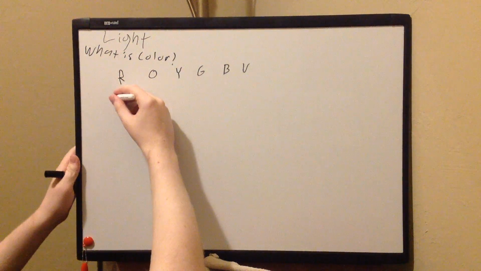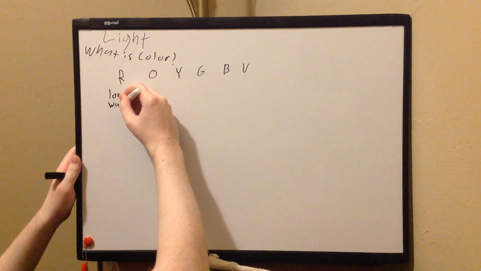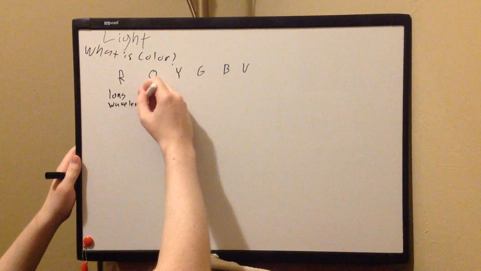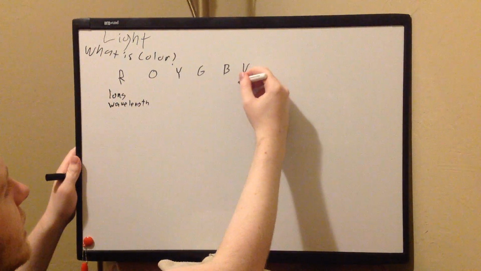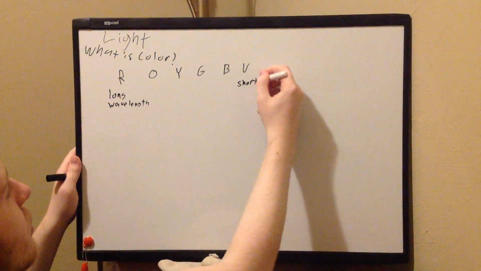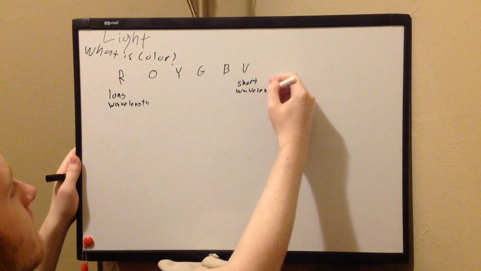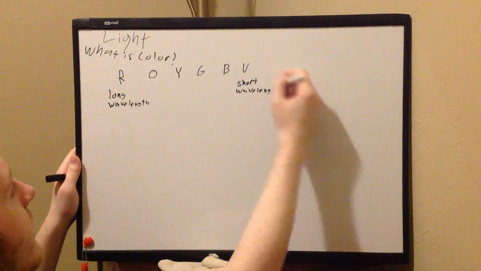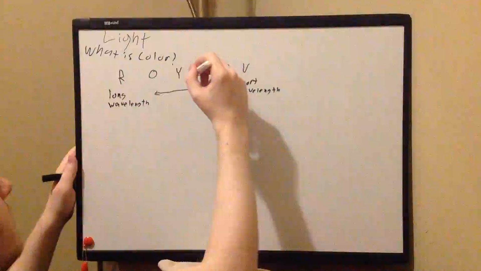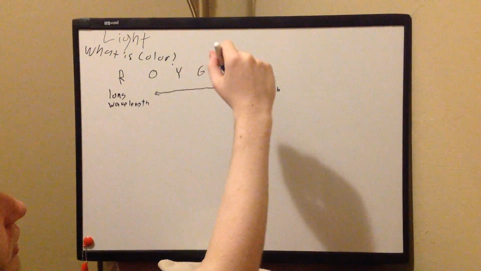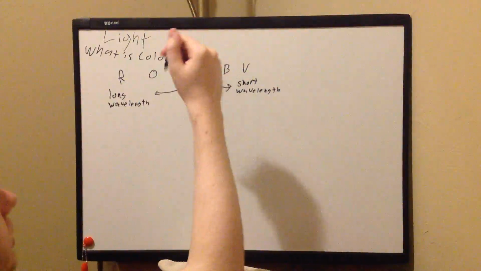Red has the longest wavelength of the visible light, and violet has the shortest wavelength. And they all exist along this spectrum. So green and yellow are in the middle, blue's more on the short side, but not as short as violet, etc.